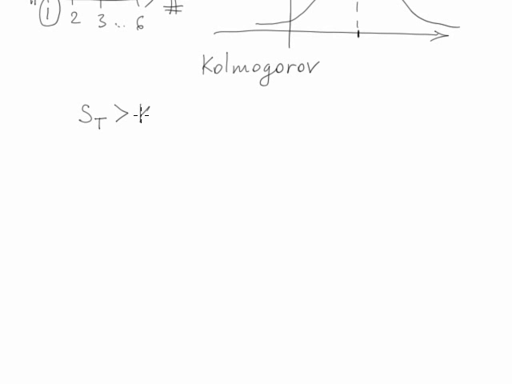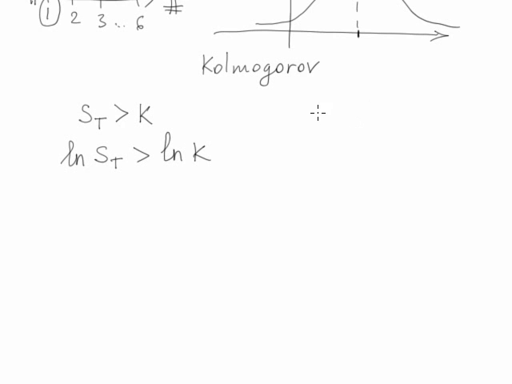This is our equation. The call option expires in the money if the stock price at time capital T is more than the strike price. If this is true, then let's take the natural log of both sides.